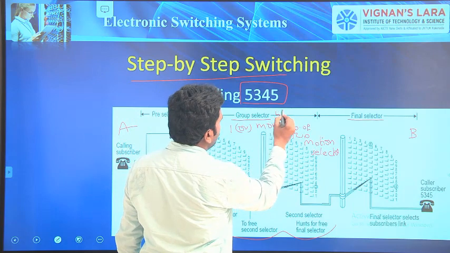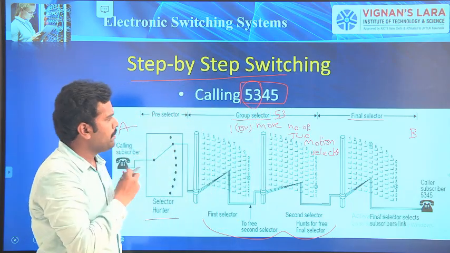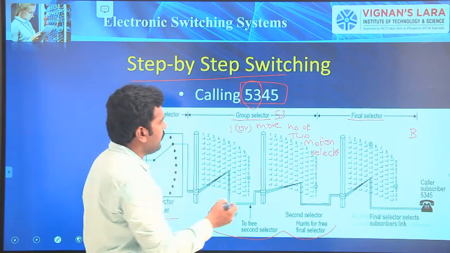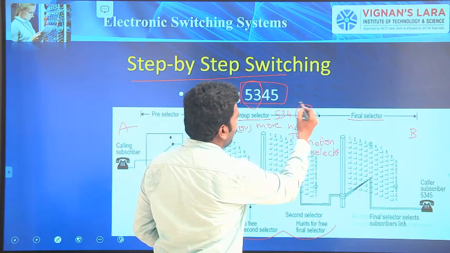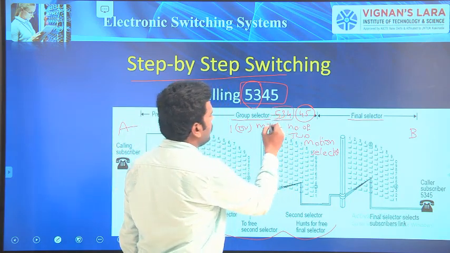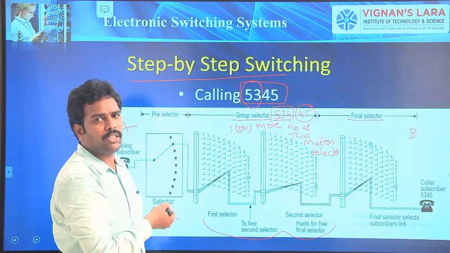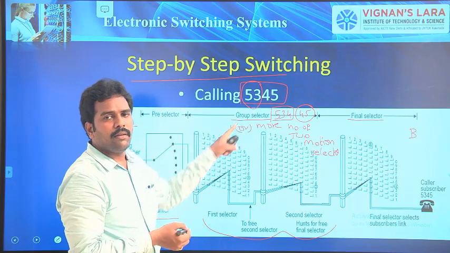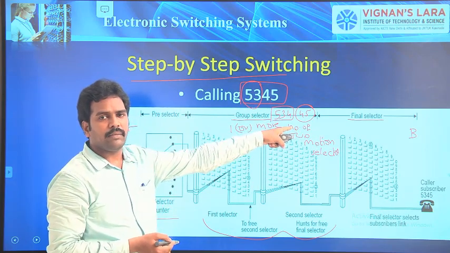This is 5, 3, right? The first digits indicate the location contact points of the first and second selector switches. If it contains three, it means 5, 3, 4, 4, 5. Here 4, 5 is the final number of the subscriber, and 5, 3, 4 is the path through which he is going to connect to the subscriber. Clear? This number is not fixed. Based upon the route, the number of digits may vary.